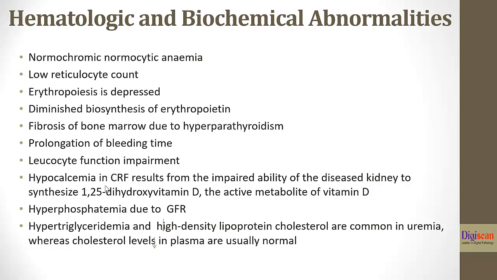There is hypocalcemia in chronic renal failure, which results from the impaired ability of the diseased kidney to synthesize 1,25-dihydroxyvitamin D, the active metabolite of vitamin D. There may be hyperphosphatemia due to reduced GFR, hypertriglyceridemia, and decreased high density lipoprotein cholesterol level in uremia, whereas cholesterol levels in plasma are usually normal.